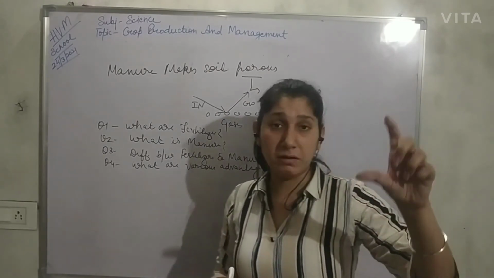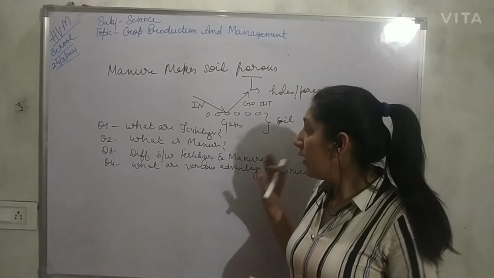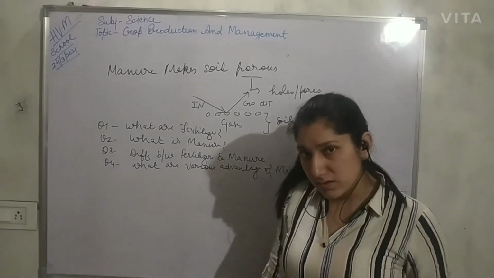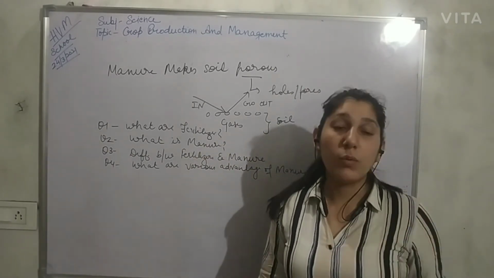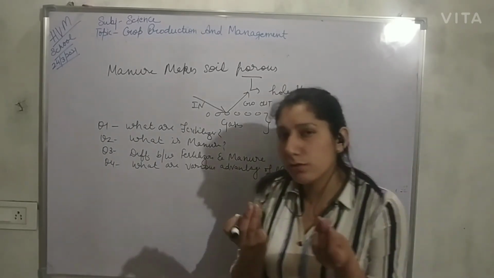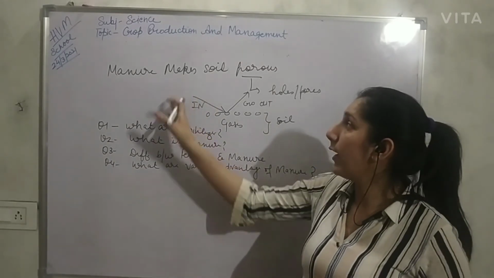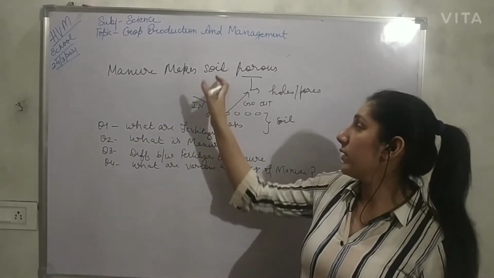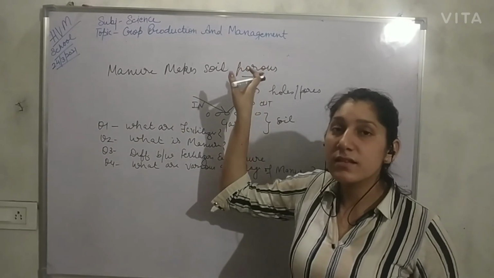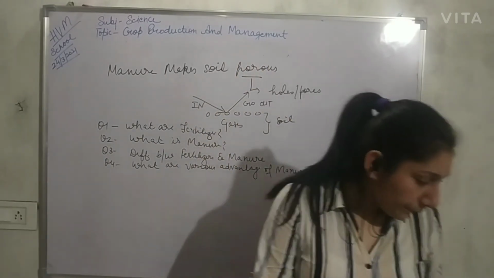Remember, where there is water, there is life. So manure increases the water holding capacity, number 1. Second, it improves the texture of the soil, right? The structure of the soil. That is, it makes the soil more porous, so that the exchange of gases can take place easily, which is good for crop production.